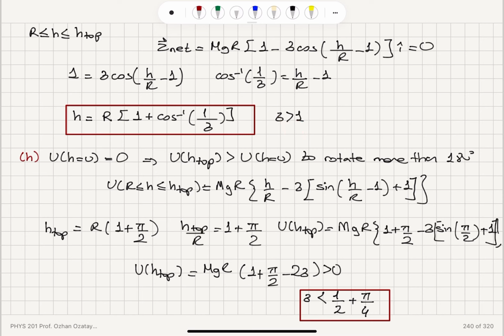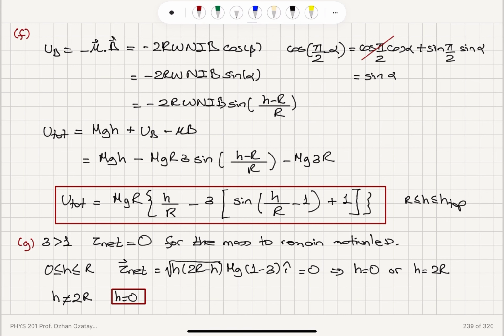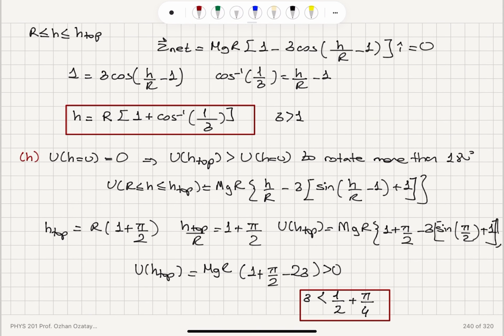And in part H, if we release the object at h equals h top, will it rotate more than 180 degrees? It will if the potential energy is greater than the potential energy at h equals 0, so that it will minimize its potential energy by rotating. And we looked at the potential energy expression for h equals h top, basically looking at our answer from part F and setting h equals h top, where h top over R is 1 plus pi over 2.